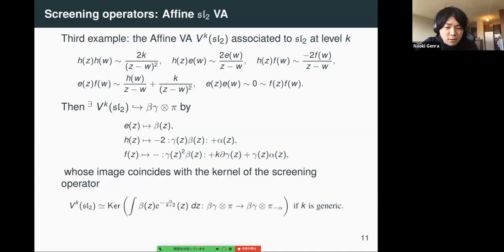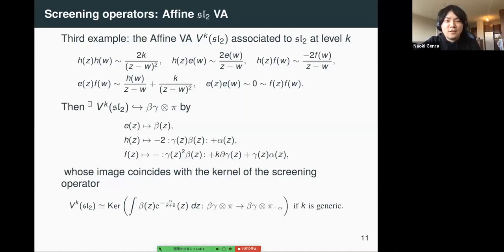It looks like the kernel of the integral of beta(z) times the exponential of minus alpha over k plus 2 at z, dz. You can check this statement by using the OPE package in the same way. You also need to add the bosonic beta and gamma and define this screening as a normal ordered product of beta and E, and you can check that this image is in the kernel of the screening operator.